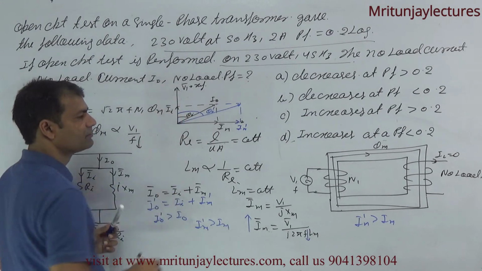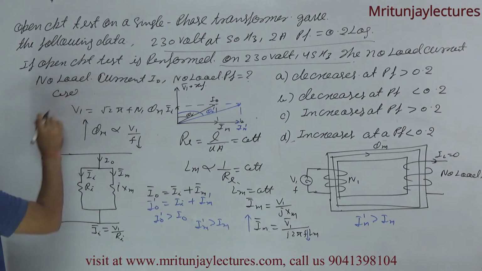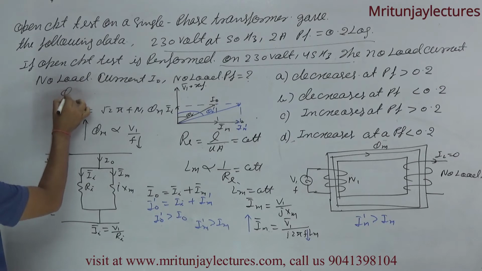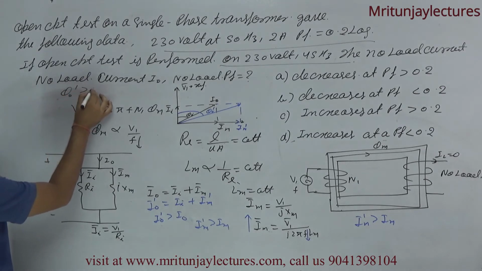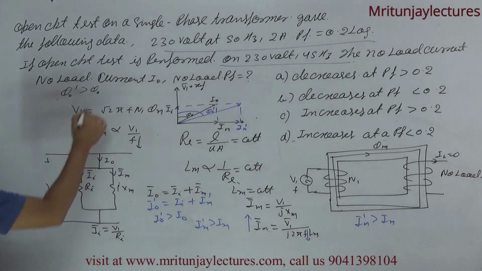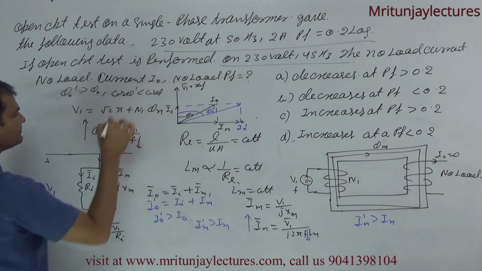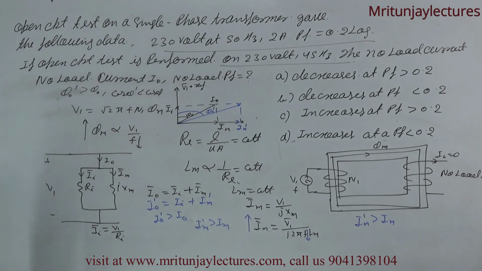The power factor angle phi 0 dash is greater than phi naught. But what about cos phi? Cos phi dash is less than cos phi. Clear?